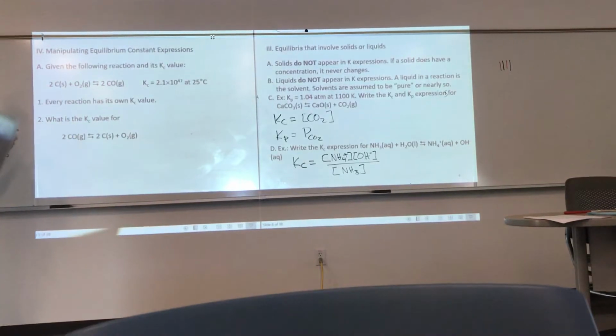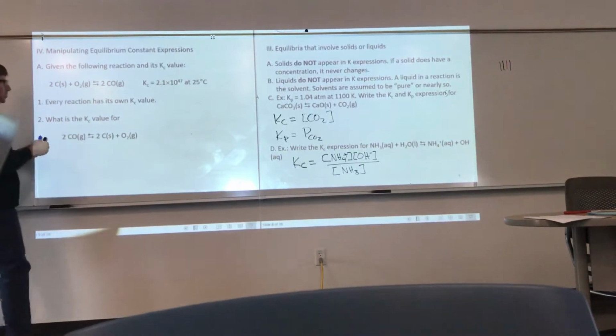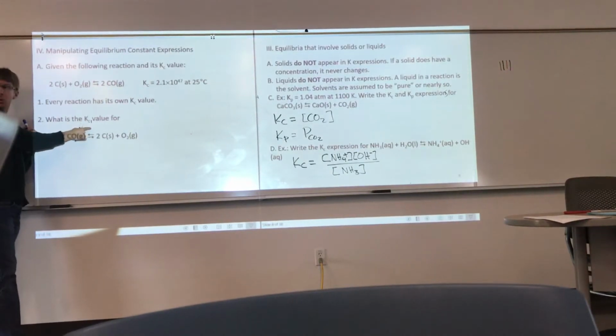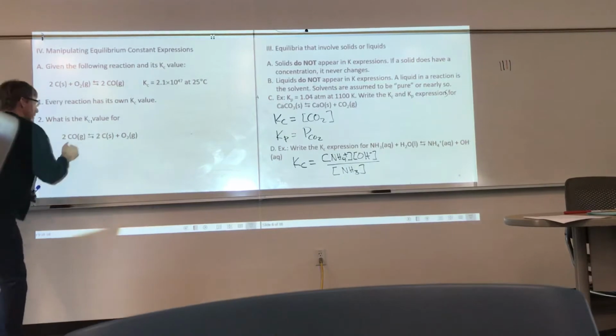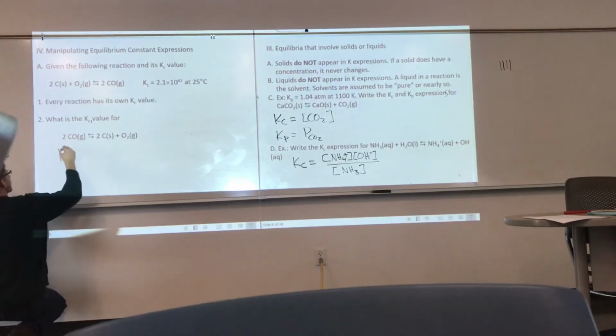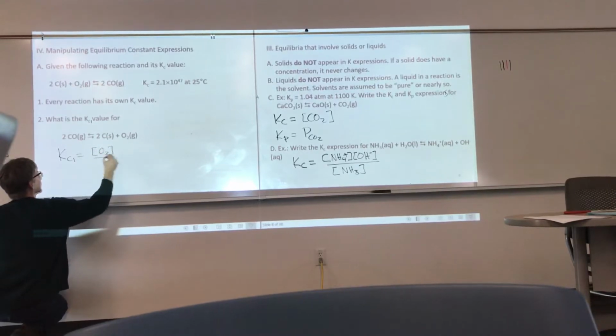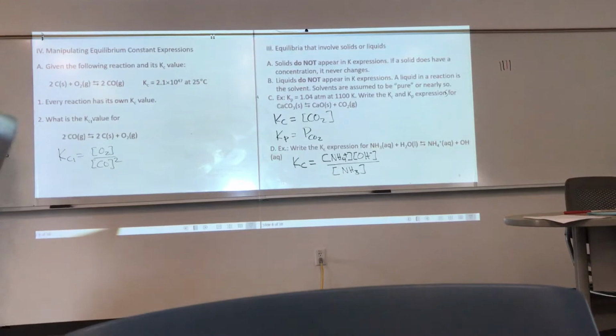Well, let's do this one. And I'm going to call this one Kc1, just to separate it, and I forgot this in my notes, because every reaction has a Kc value, and if you call them all Kc, it's a little confusing. For this reaction, it's products over reactants raised to coefficients.